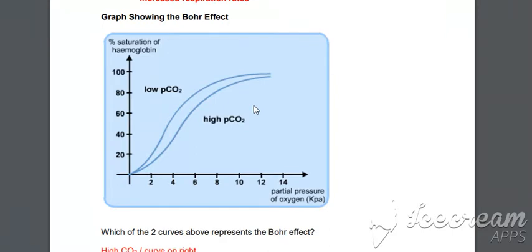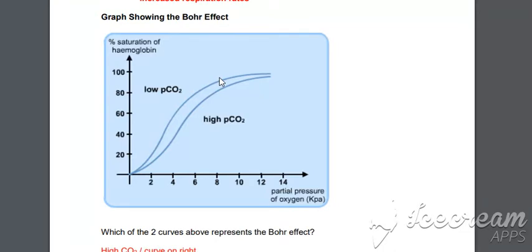So what this shows is that the mouse's hemoglobin has a lower affinity for oxygen at a higher partial pressure, or at a fixed partial pressure, the mouse's hemoglobin is actually less saturated than the horse's.